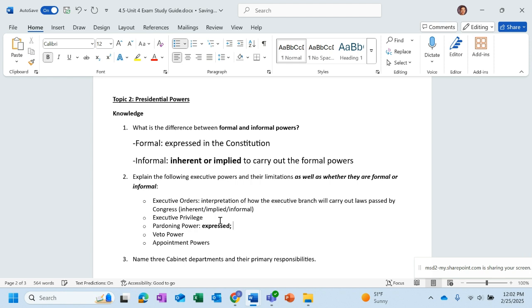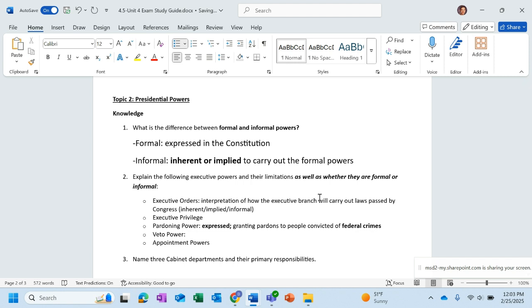This is granting pardons to people convicted of federal crimes. That's really the only limit, is that it's federal crimes. Most crimes are state crimes. Federal crimes are crimes against the federal government that are charged by the Attorney General and the Justice Department. Most crimes are state crimes, but if you're convicted of a federal crime, then you can be pardoned.